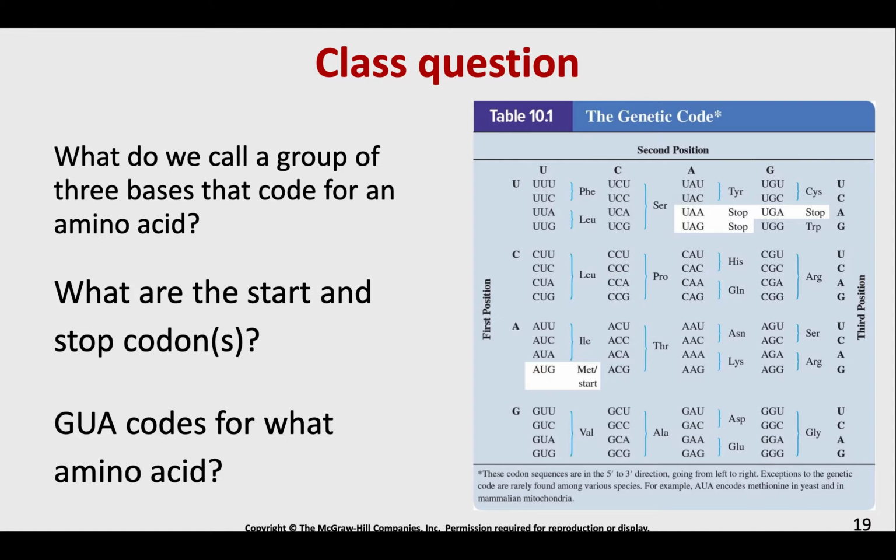There are 3 possible stop codons. If we look at a codon that is GUA, what amino acid is it coding for? Valine. It's down on this bottom here. GUA codes for valine. Val is the abbreviation for that.